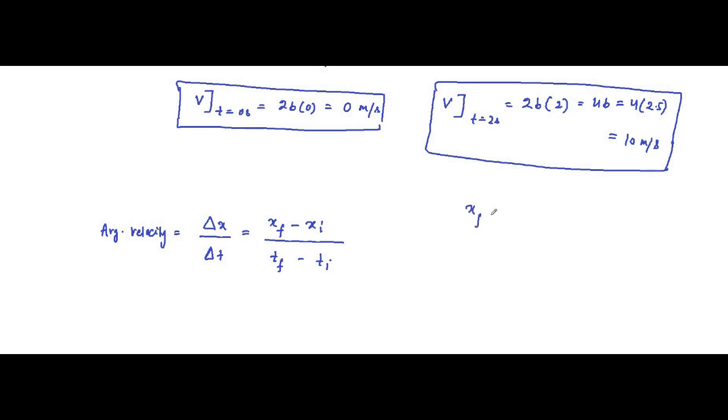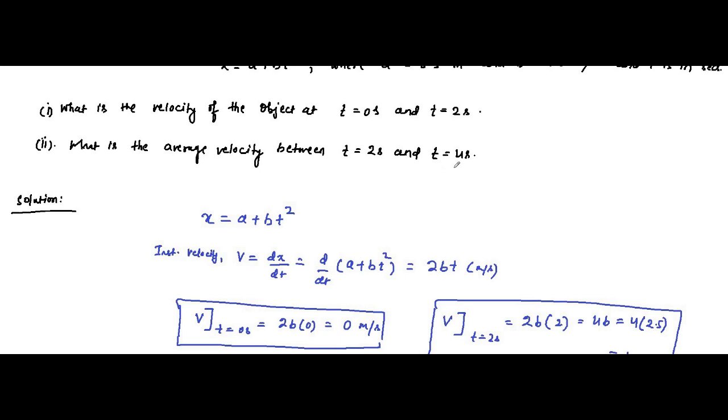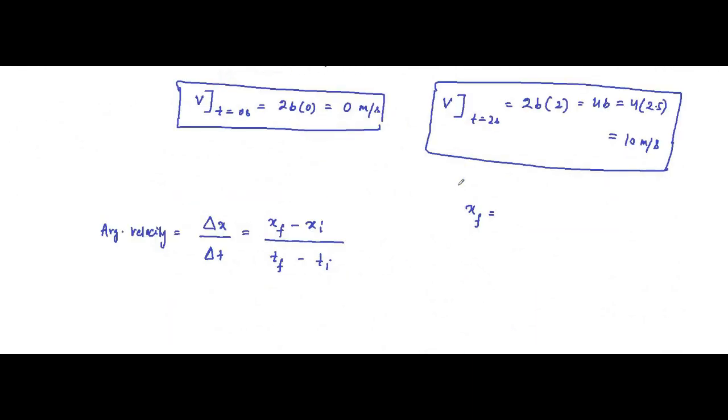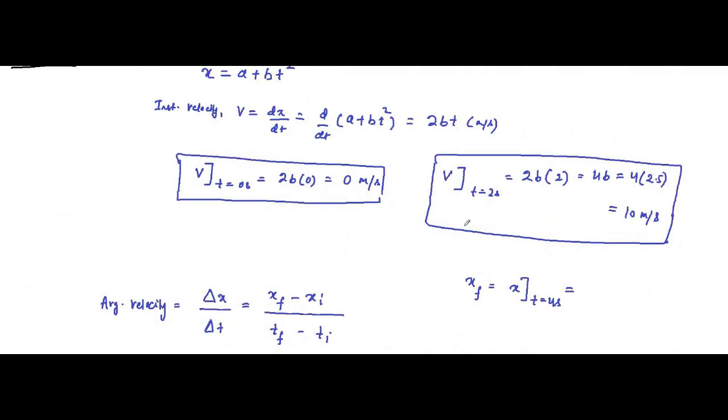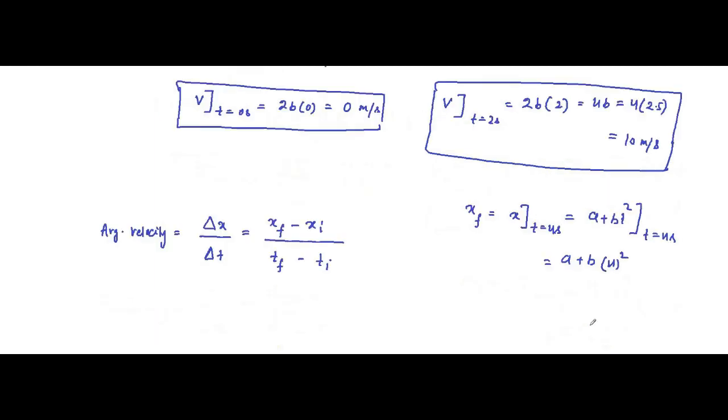So here the final position is the position of the particle at t equals 4 seconds. x at t equals 4 seconds is equal to a plus bt square at t equals 4 seconds, which is equal to a plus b into 4 square, that is equal to a plus 16b.